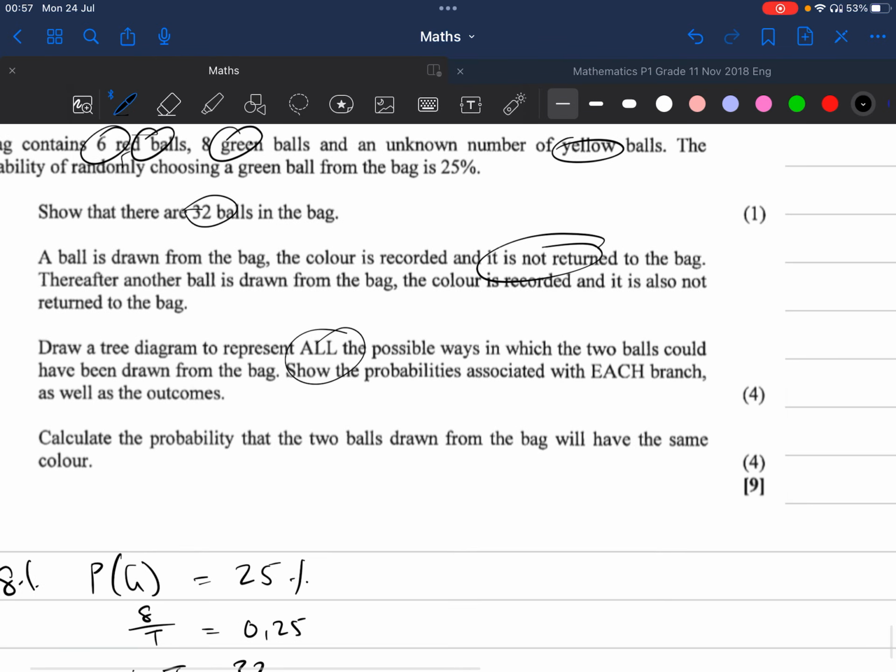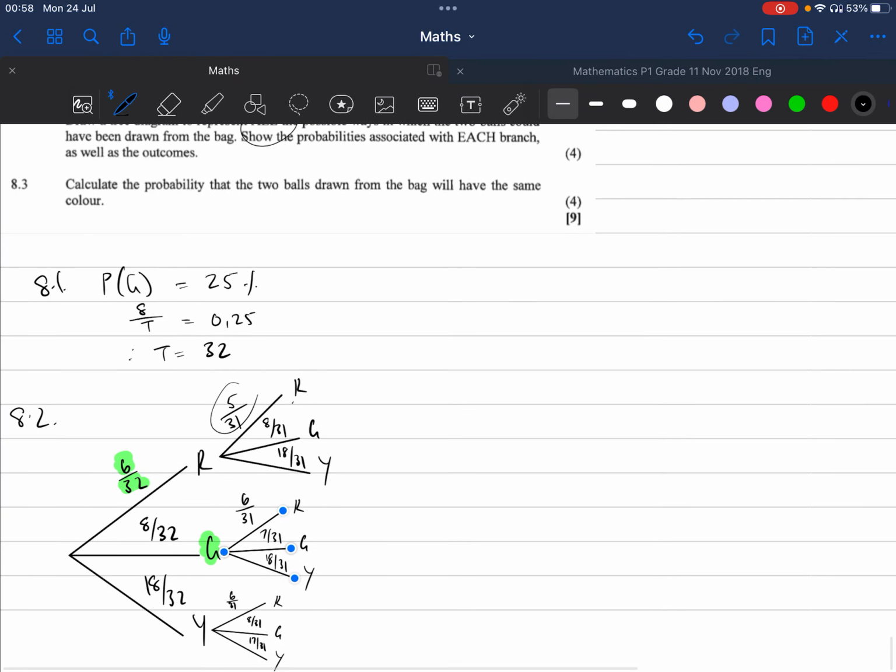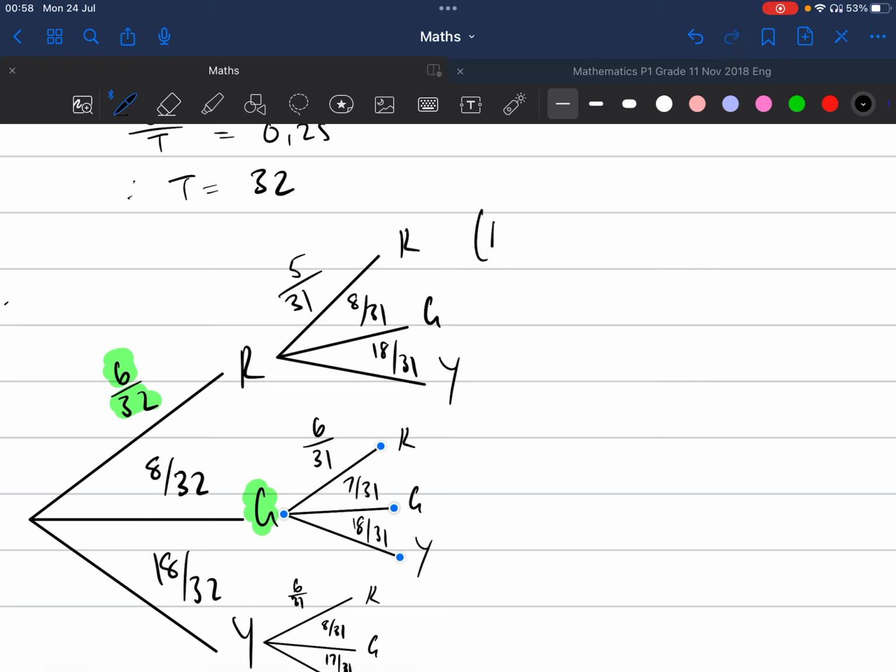So let's just read what the question said. Draw a tree diagram to represent all the probabilities. Show the probabilities associated with each branch. Okay, so the probability associated with each branch is literally what we've shown on this. Okay, let's just put what the two outcomes are for each one. So here I can have red and red. This is red and green.